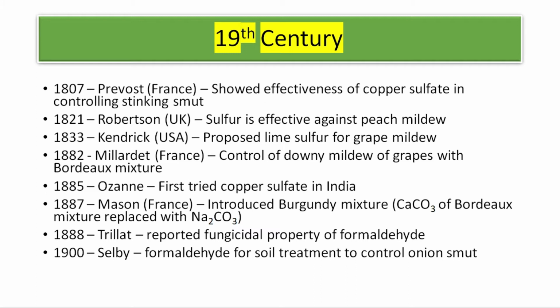However, formaldehyde is not used anymore for controlling soil-borne diseases because it indiscriminately kills all microbes present in soil, and it is not good for soil health. So use of formaldehyde for soil treatment is not recommended anymore.